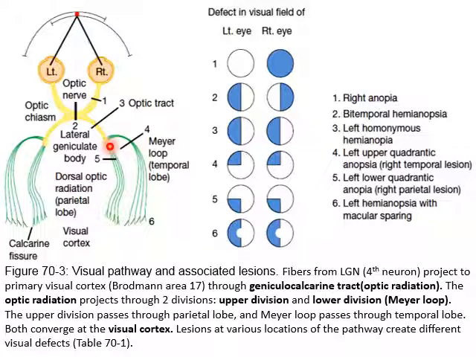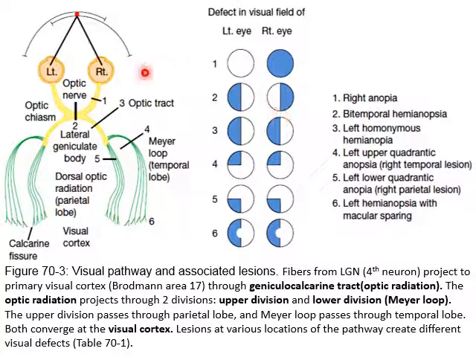The fibers divide into two divisions: the upper division running in the parietal lobe and the lower division running in the temporal lobe. The lower division makes a loop called Meyer's loop, named after the scientist who discovered it. We are studying all of these details because you may see a patient complaining of loss of vision in one eye or a particular part of the visual field.